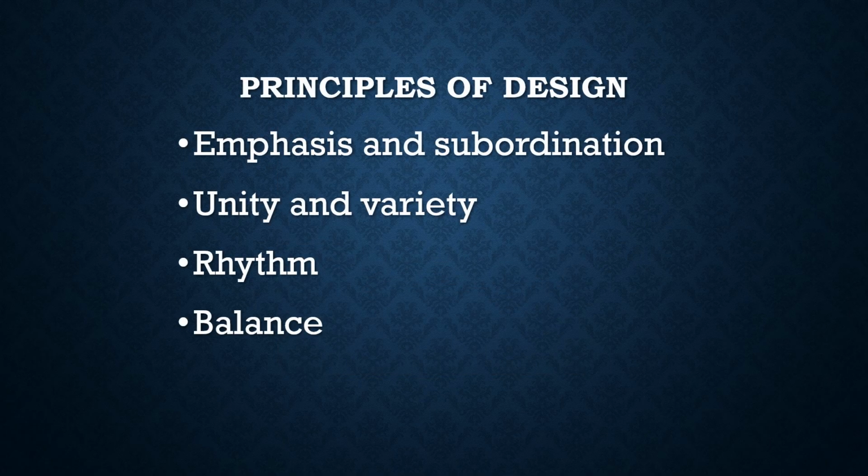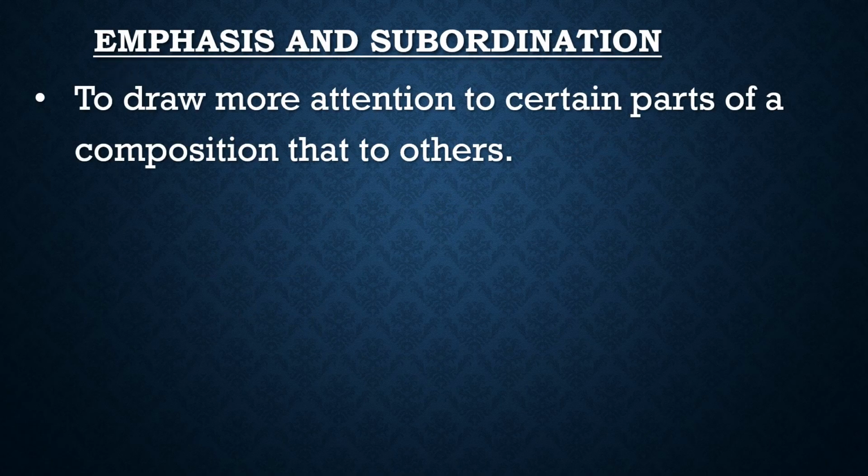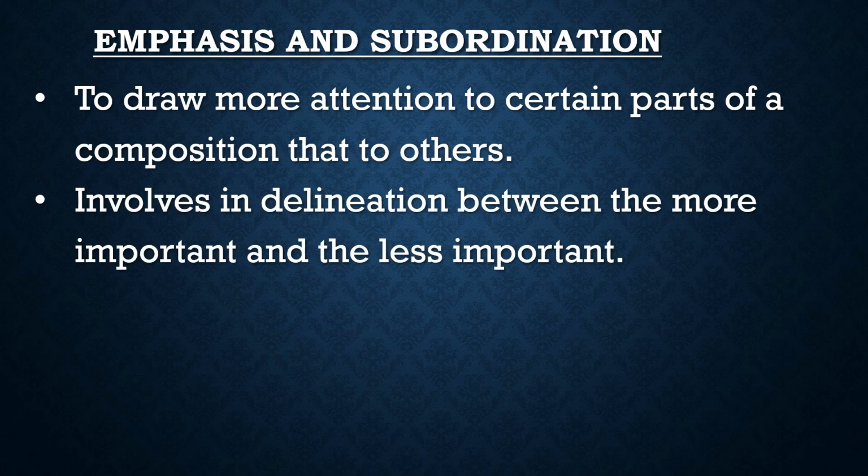Punta na tayo sa principles of design. We have emphasis and subordination, unity and variety, rhythm and balance. Emphasis and subordination. So to draw more attention to certain parts of a composition than to others, involves the delineation between the more important and the less important emphasis.